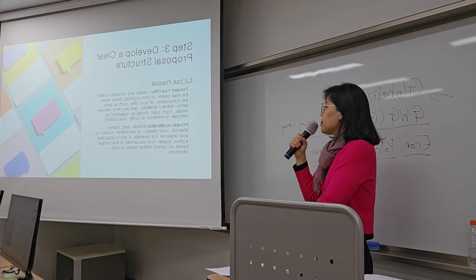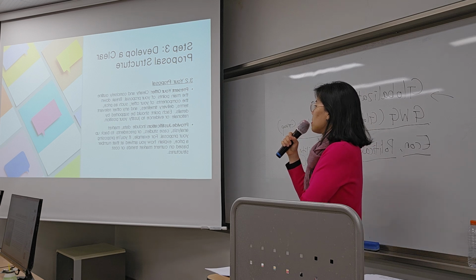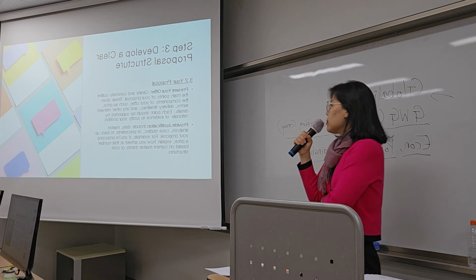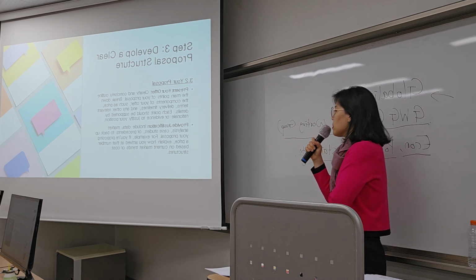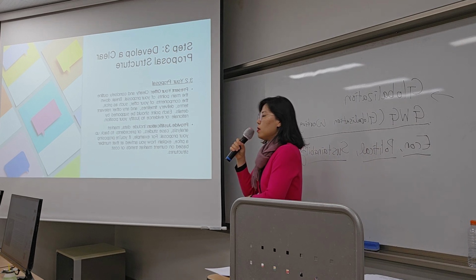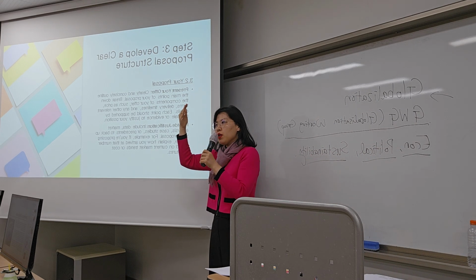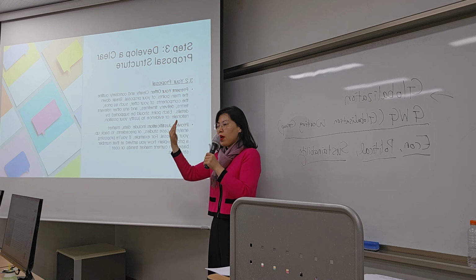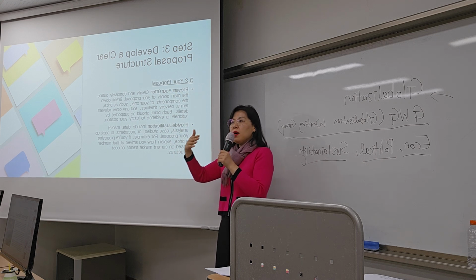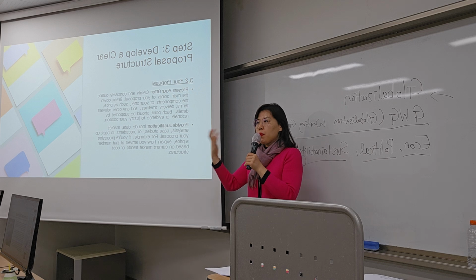For example, if you're proposing a price, explain how you arrived at that number based on current market trends or cost structures. So it's very important that you list your proposals in a very clear and concise method, but then you have to back up your proposals with evidence, with a justification, with different data.